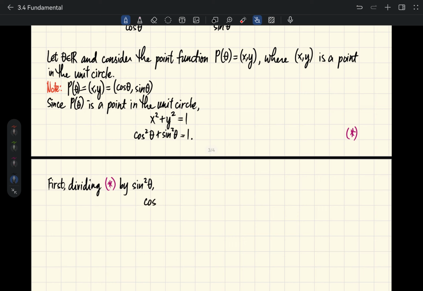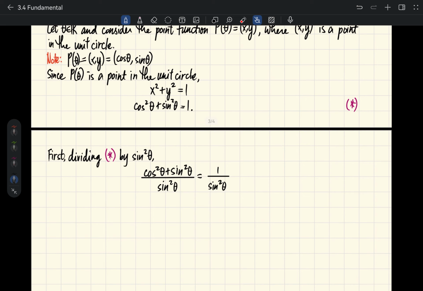We have cosine squared theta plus sine squared theta all over sine squared theta equals 1 over sine squared theta. The right side can be written as 1 over sine theta raised to 2.